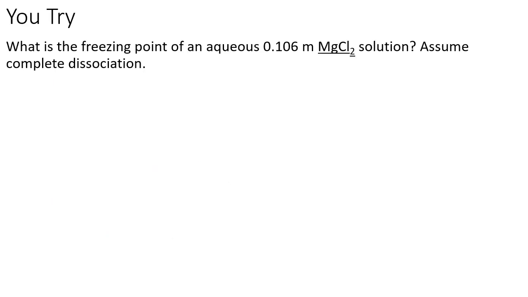What is the freezing point of an aqueous 0.106 molal magnesium chloride solution? Assume complete dissociation. So once again, we have an ionic compound, we have a metal and a nonmetal. So magnesium chloride, when in water, will dissociate into magnesium 2+ ions. Those will be aqueous. Plus, we're going to get 2 chloride anions.